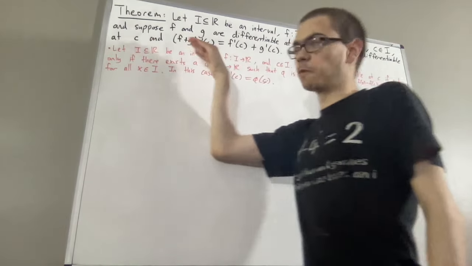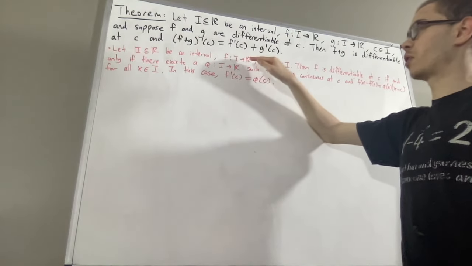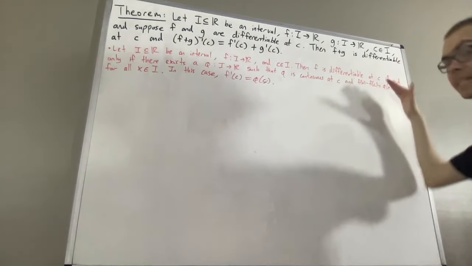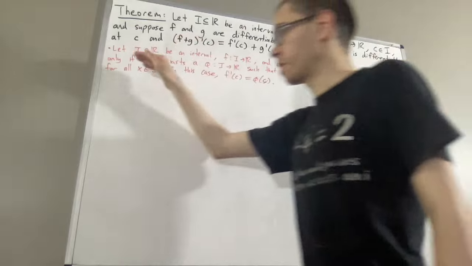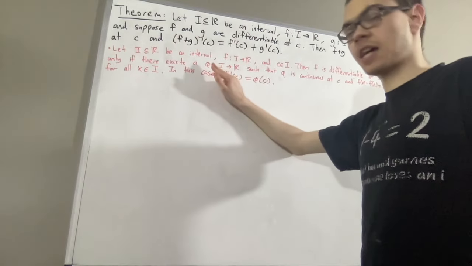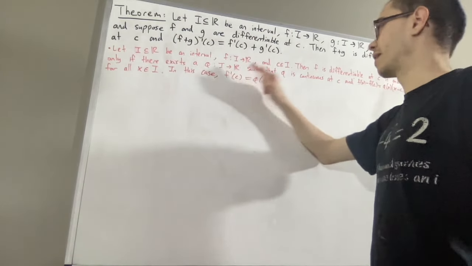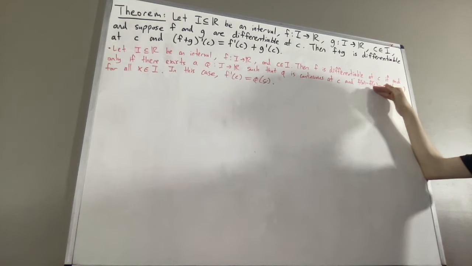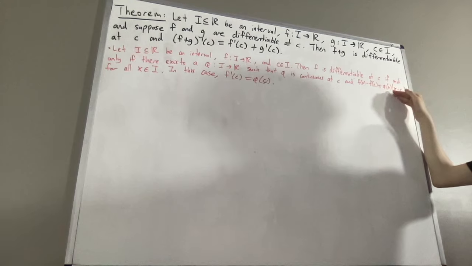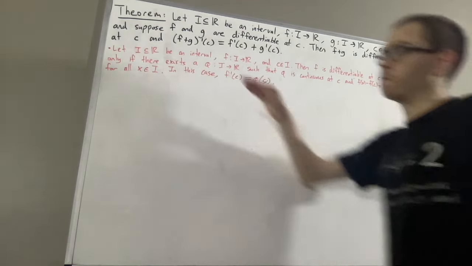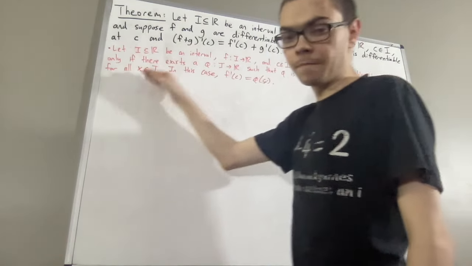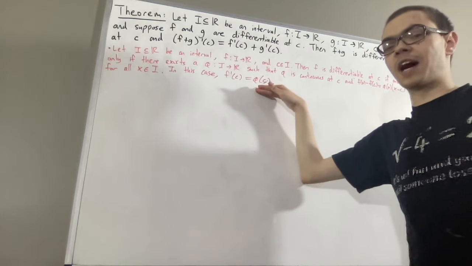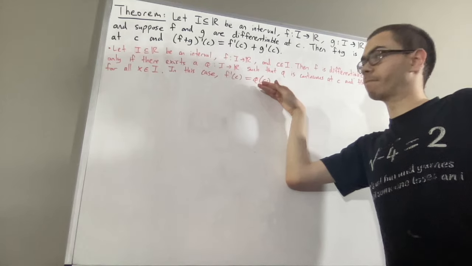Let I be an interval, let f be a function from I to R, and let c be an element of I. Then f is differentiable at c if and only if there exists a function phi from I to R that is continuous at c, and it has the property that f of x minus f of c is equal to phi of x times x minus c for all x in I. In this case, the derivative of f at c is equal to phi evaluated at c.